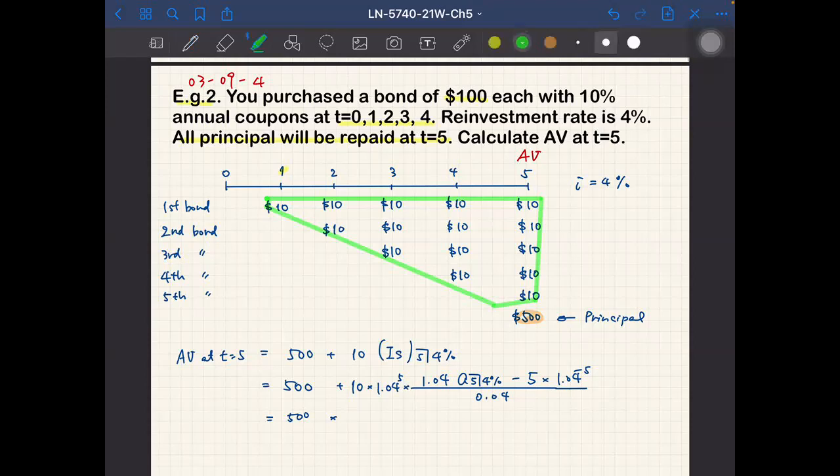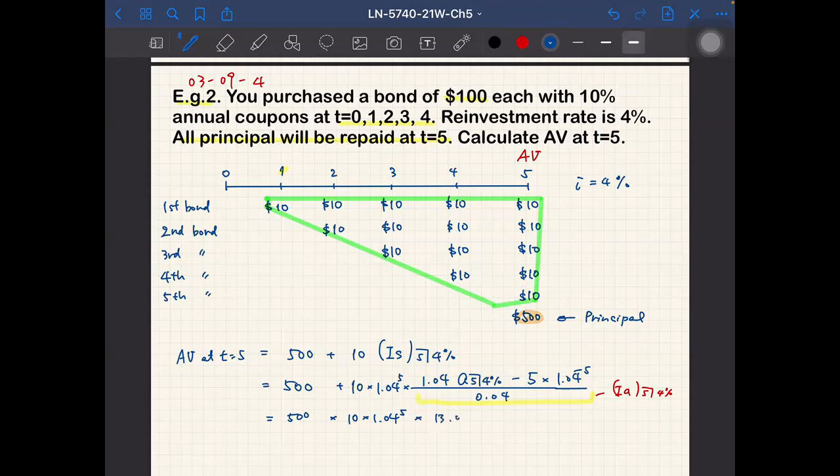The remaining part is the present value, (IA) right angle 5 at 4%. So this becomes 10 times 1.04 to the 5th power times this, and this part becomes 13.01.